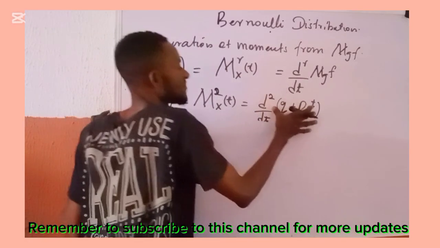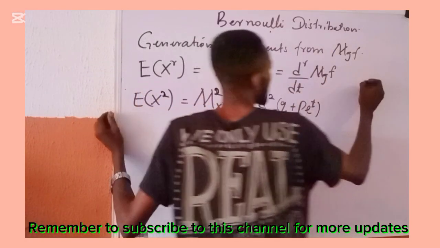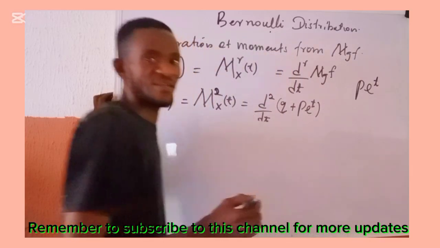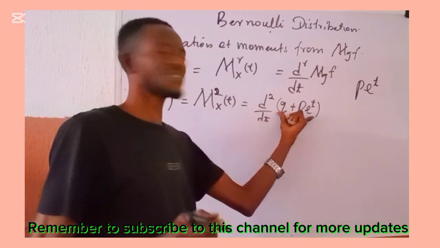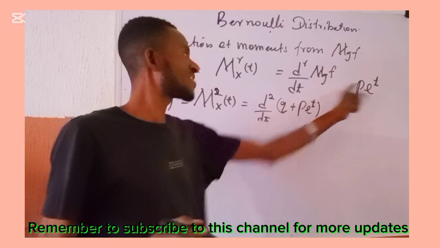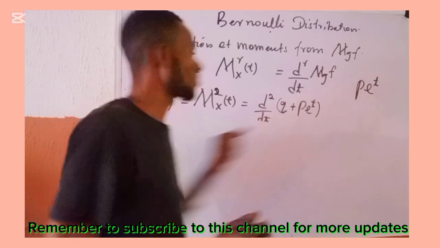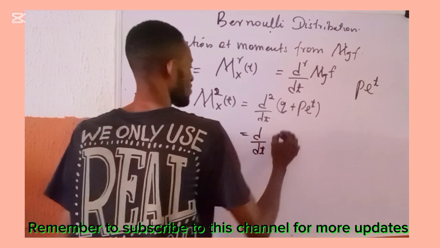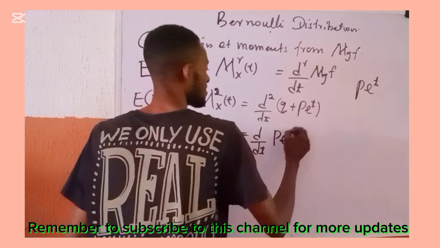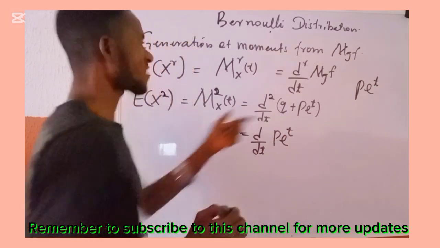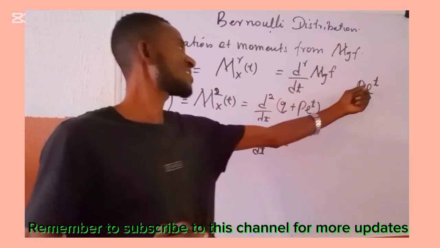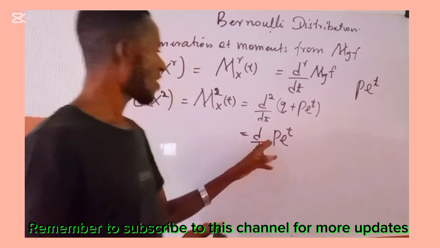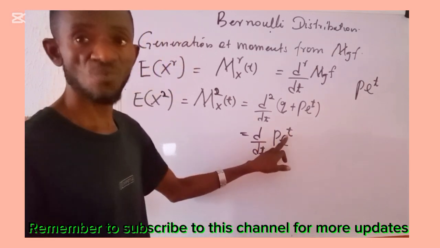And you know that when I differentiated once earlier, the answer I got is p e to the t. That was the answer I got earlier. So differentiating this thing twice is as good as differentiating this thing once. So by implication, what I have here becomes d dt of p e raised to power t.